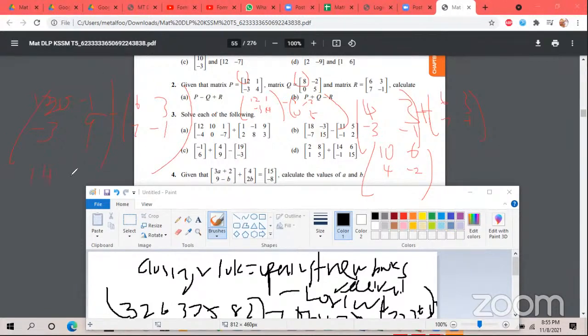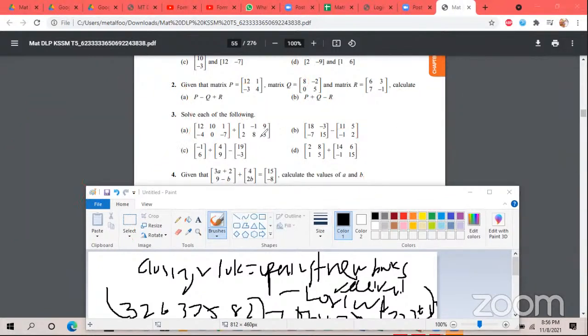Negative 1 minus 3 is negative 4. Negative 3 minus 7 is negative 10. And 9 minus negative 1 is 9 plus 1, so it's 10. So the answer will be this, right? You can just use the calculator to get the answer, right?